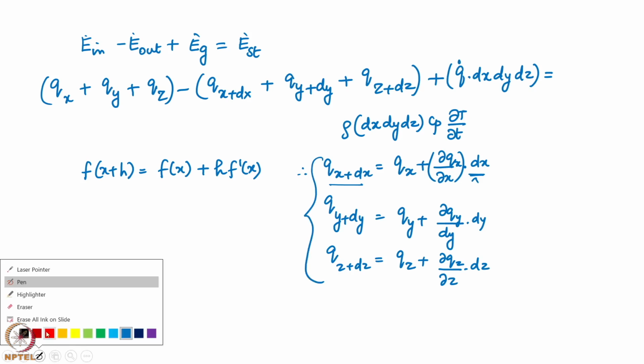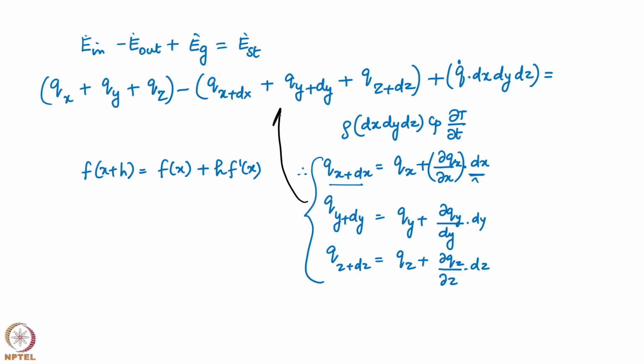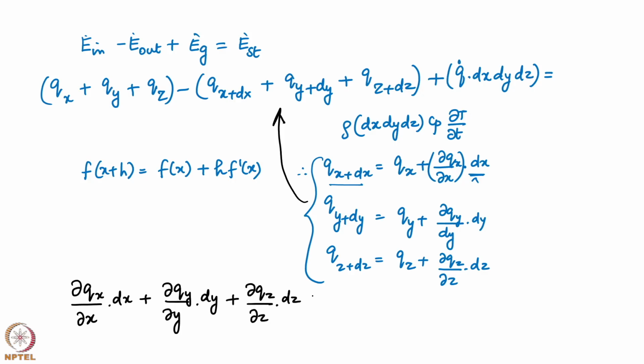So, I substitute for these and what you will see, the q x's cancel off because of the negative sign and I am left with dqx by dx into delta x plus dqy by dy into delta y plus dqz by dz into delta z.